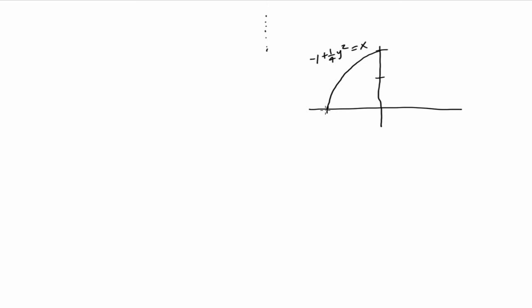Okay, that was this side right here. And then this side on the other goes in there, and it is 1 minus 1/4 y squared is equal to x. And of course down here, that is the y equals 0 line. So those are the lines that border, these curves border my set R.